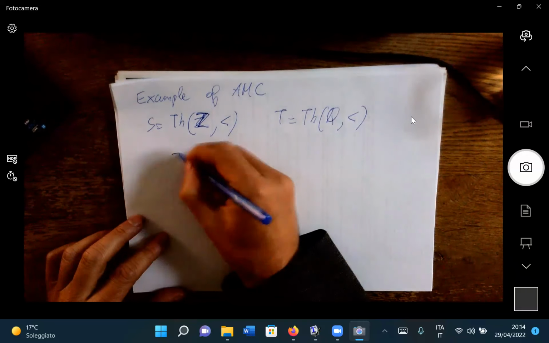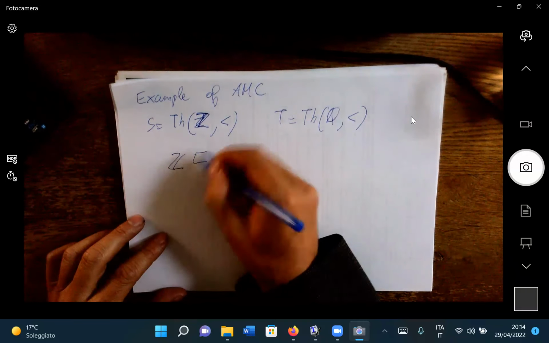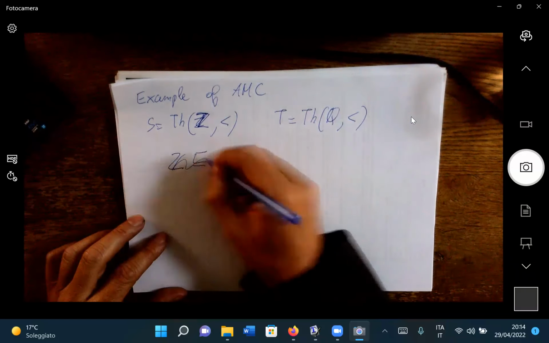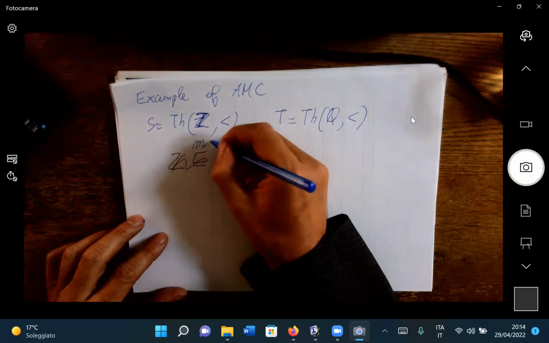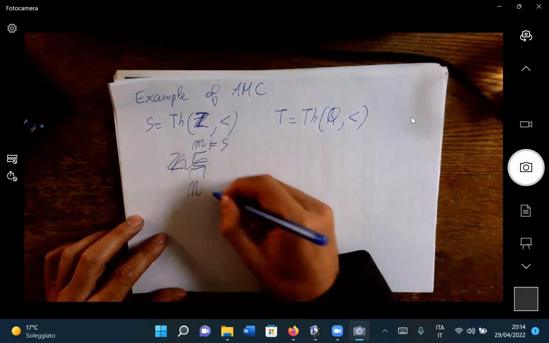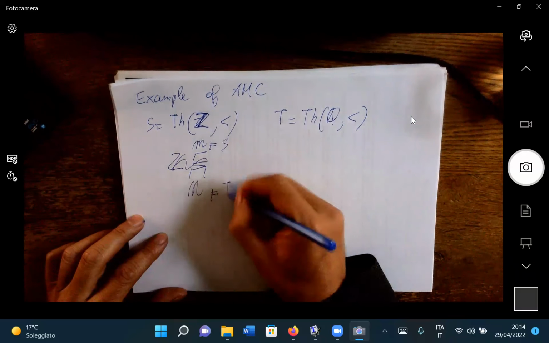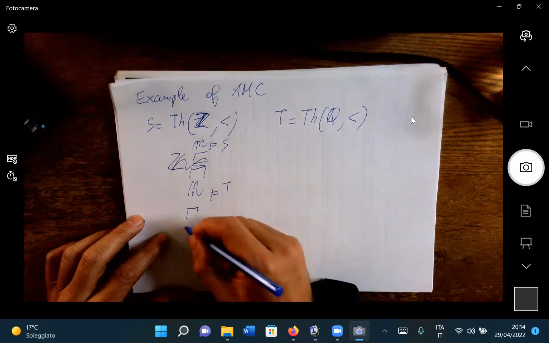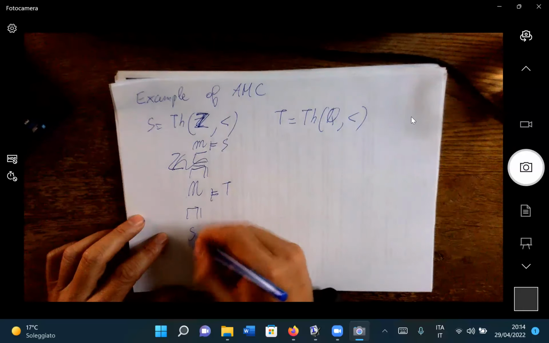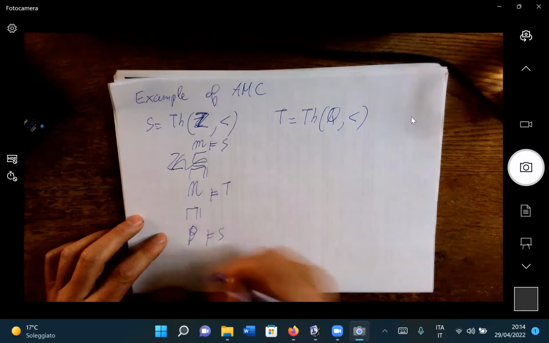Those theories are complete, and it's easy to see that a model of S embeds into a model of T, which embeds into a model of S, and so on and so forth.